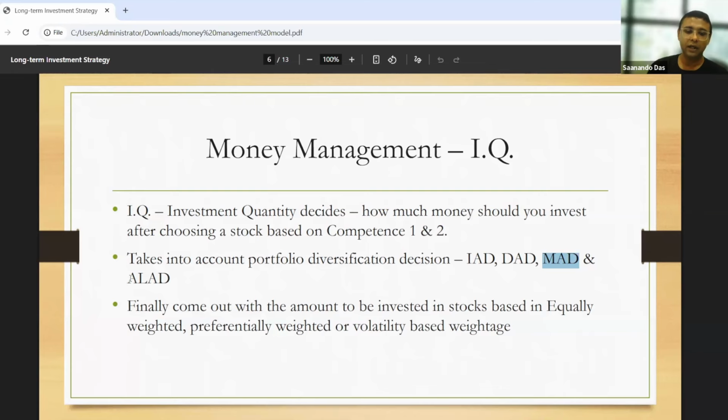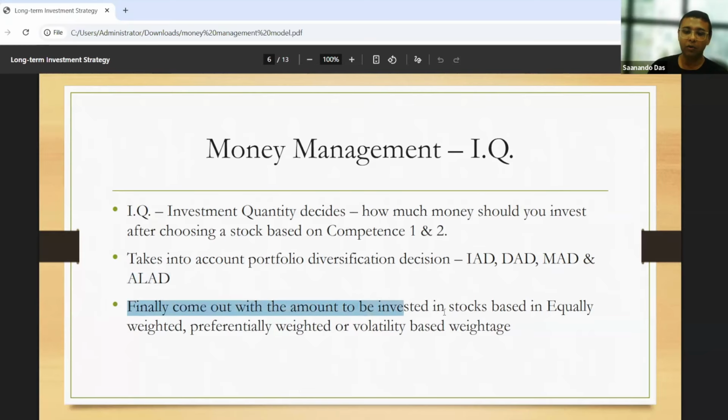And we have advanced leveraged asset diversification, where part of our assets, like in my case, I'm doing commodity derivatives, gold, silver, crude oil, natural gas, as well as option trading, futures trading on Nifty. These are leveraged contracts, not assets. So when we have those in our portfolio, it is ALAD, advanced leveraged asset diversification.